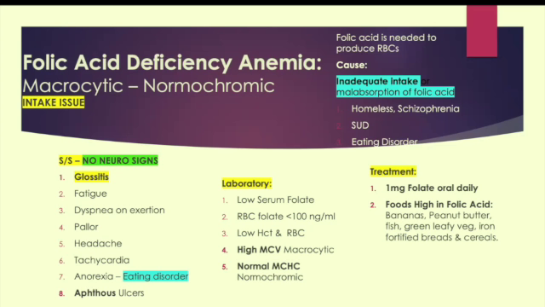And the causes, again, for this is because the patient is either not ingesting enough folic acid or they're not absorbing it due to whatever intestinal or GI issues they may be having.